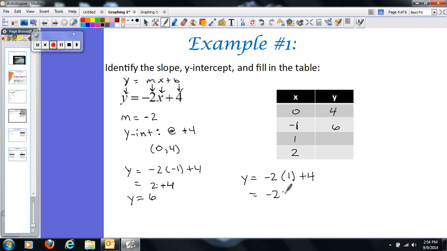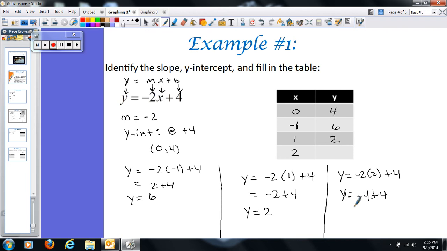That gives you -2 plus 4, which is going to give you y equals 2. And then the last one is y equals -2 times 2 plus 4. This is -2 times 2, which is -4, plus 4, and then you get y equals 0.